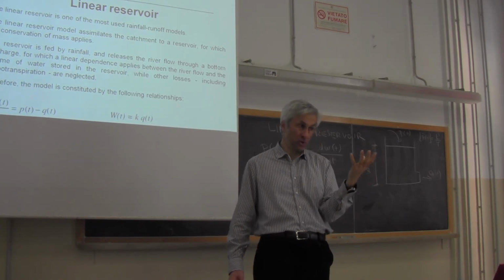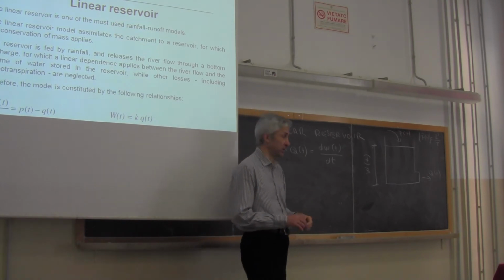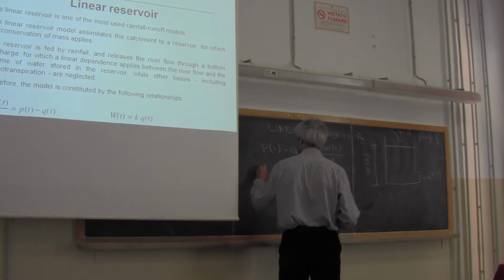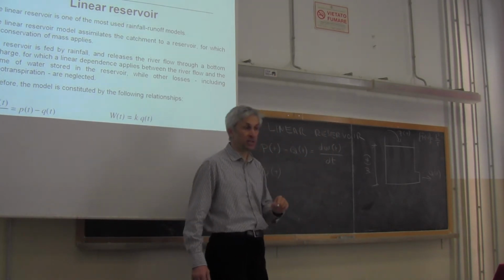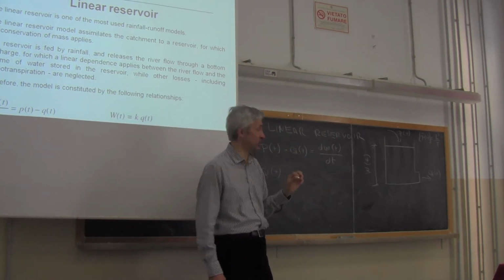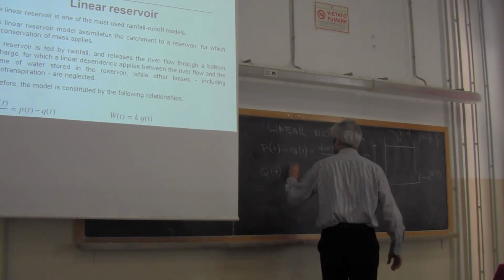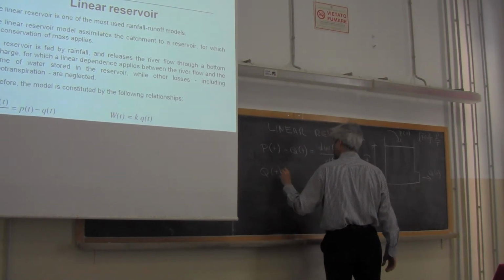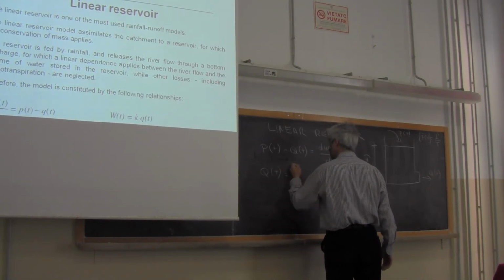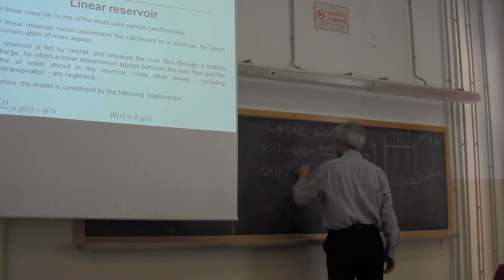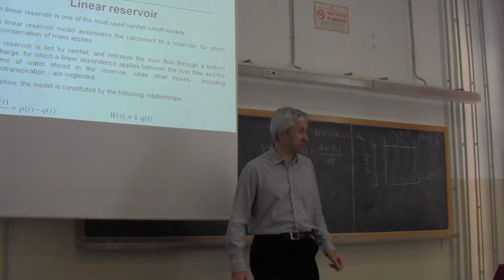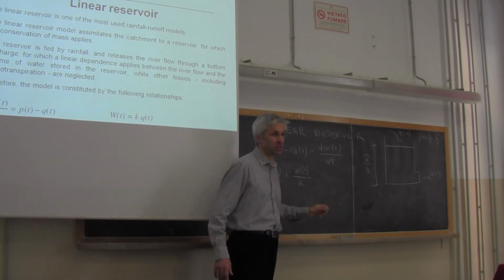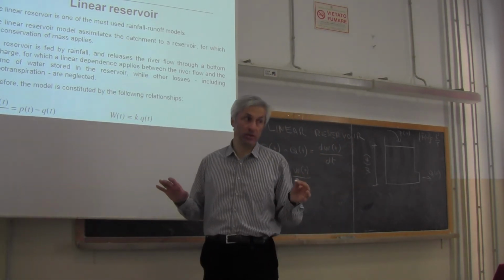The second equation considered by the linear reservoir simply says that the bottom discharge, which is one of our unknowns, is a linear function of the storage, which is the second unknown. So I can say that Q(t) is equal to W(t) over K. This is a link between the two unknowns. It's perfectly fine, this second equation. It's empirical.